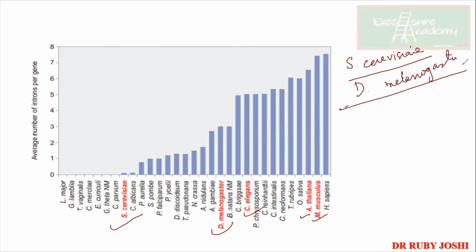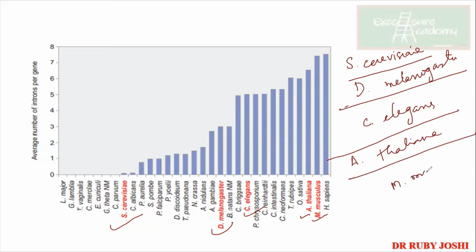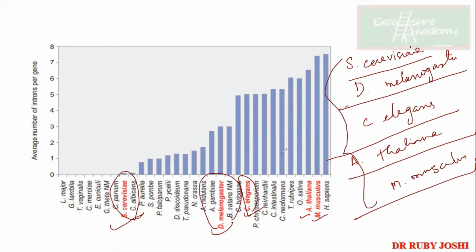Next is C. elegans, that is Caenorhabditis elegans. Next, Arabidopsis thaliana. And then of course M. musculus, your mouse model. So what the highlighted ones represent is that they are all experimental models.